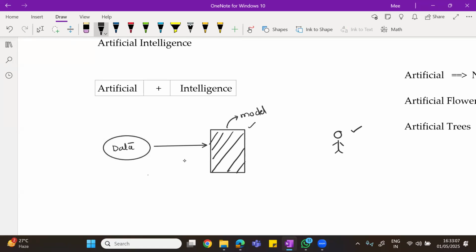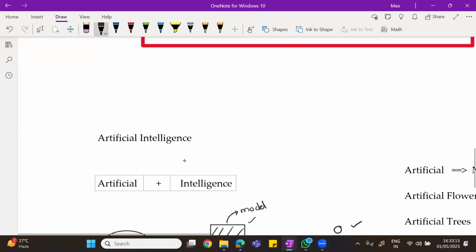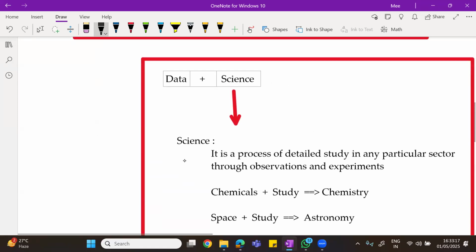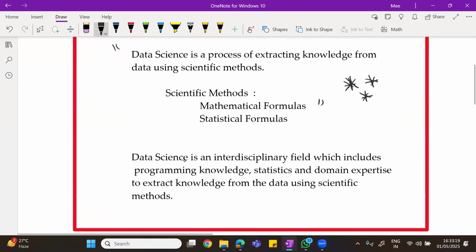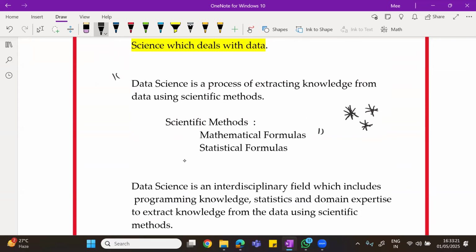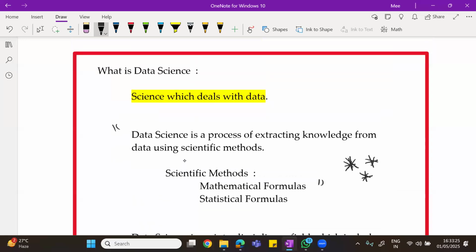Now let's connect artificial intelligence and data science. You see this? What is data science, guys? Simply extracting the knowledge from that data. What is the outcome here? Knowledge. You are going to do a study on the data, and you are going to get the knowledge out of that data. Very, very simple.